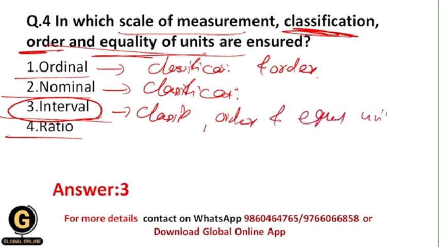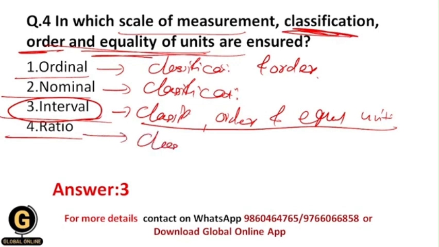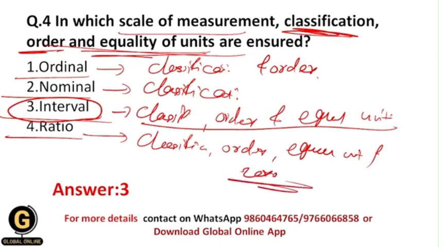All of these criteria are ensured in interval scale, and the ratio scale ensures classification, order, equal unit and absolute 0, and that's why your correct answer should be 3.